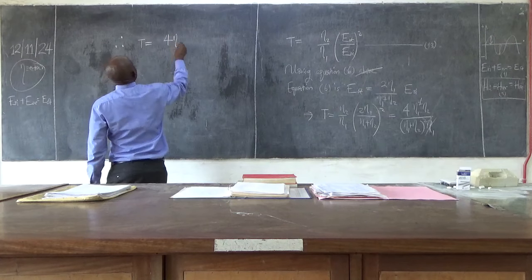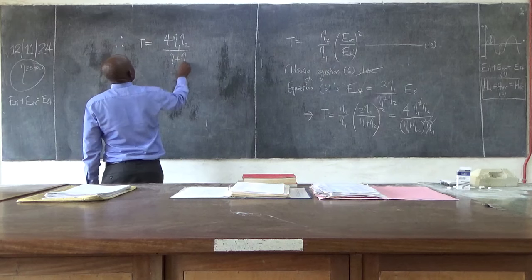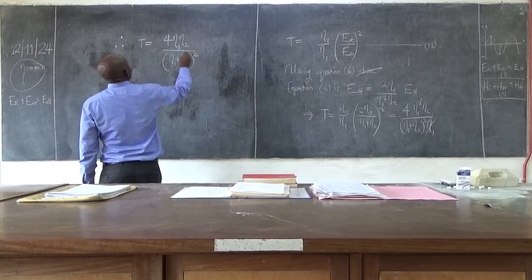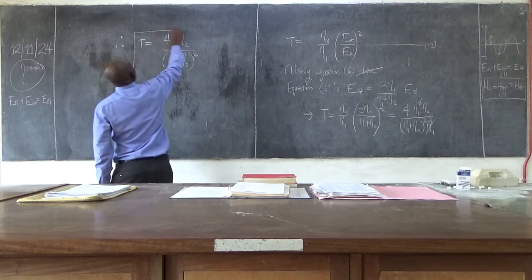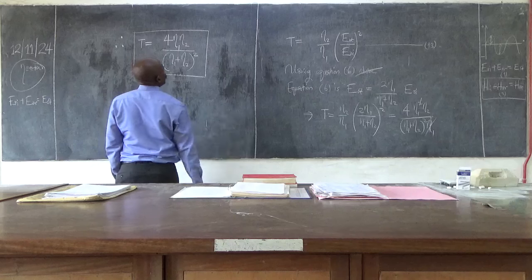So it becomes 4 eta 1 eta 2 over eta 1 plus eta 2 squared. This is the transmission coefficient.